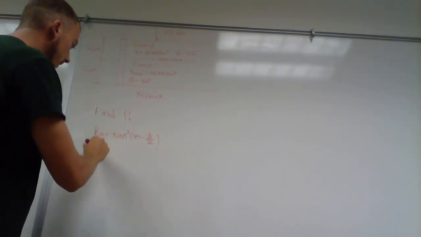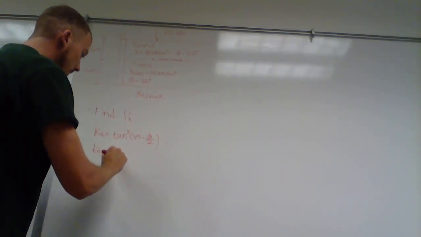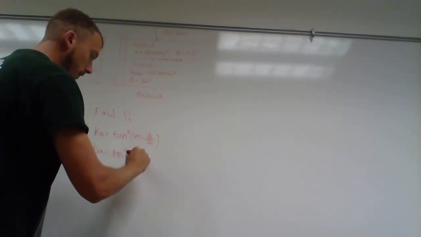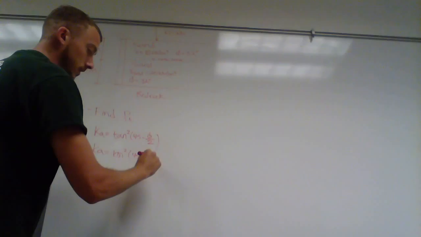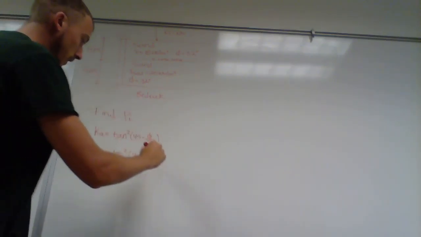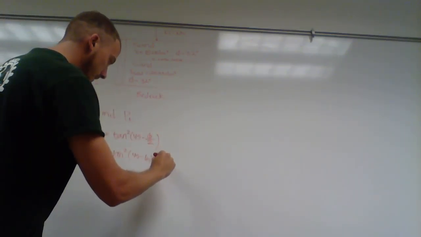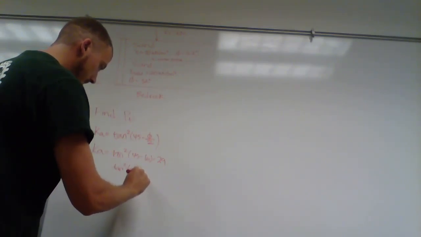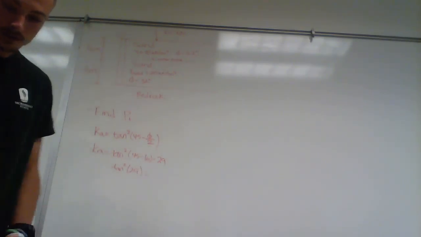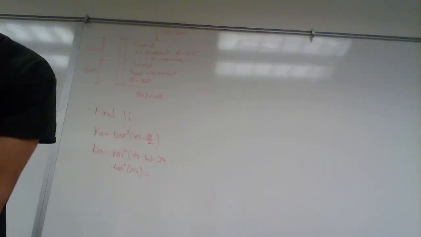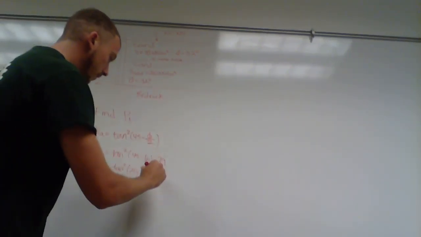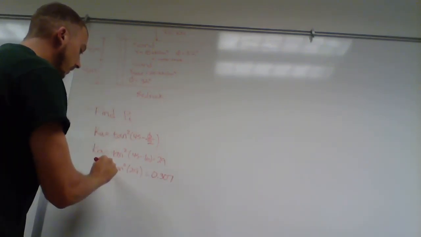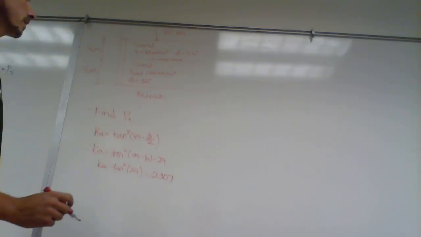And so to solve for this, K sub A equals tan squared of 45 minus 16 equals 29. And using my calculator, 0.307. And so this is going to be K sub A, 0.307.